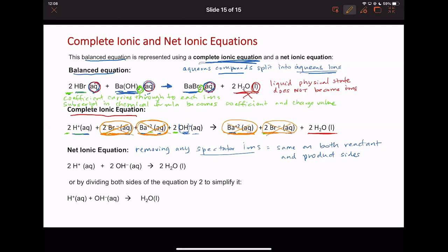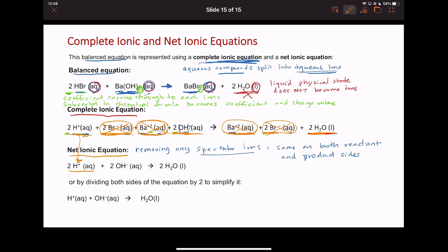Now, these are not exactly the same. You have 2H plus AQ is not exactly the same as 2H2O liquid. And 2OH minus AQ is not exactly the same as H2O liquid. So the things that are not exactly the same carry through to the net ionic equation. So that basically gets carried down. 2H plus AQ is the same here.